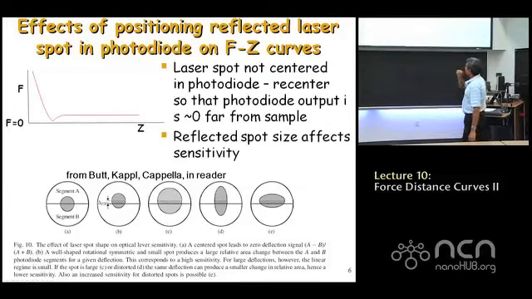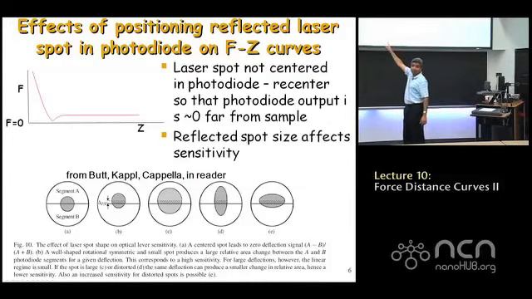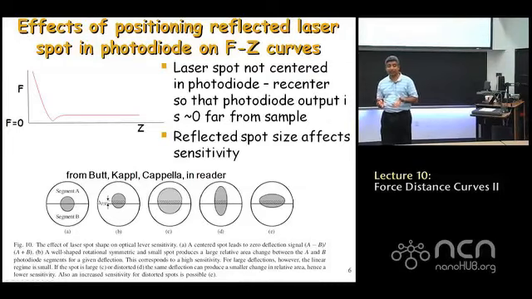And the basic idea of the photodiode is that the reflected spot should lie exactly in the middle. So if you move the photodiode up and down, there's usually a positioning screw for it, you should be able to get the reflected spot to lie exactly in the middle. And remember what a segmented photodiode measures: it measures intensity of light falling on the upper half minus the intensity of light on the lower half divided by the total intensity of incident light, okay?